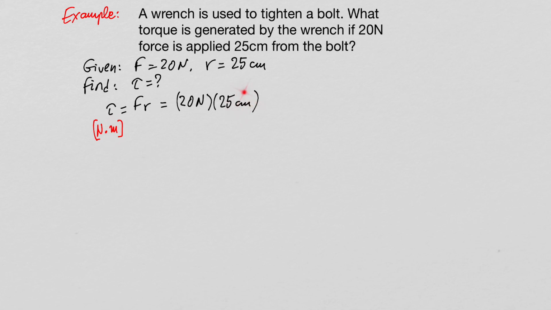Well, here the torque arm is in centimeters, so before calculating the result I must do a conversion. And so this becomes 20 newtons times 0.25 meters, which is equal to 5 Newton meters.